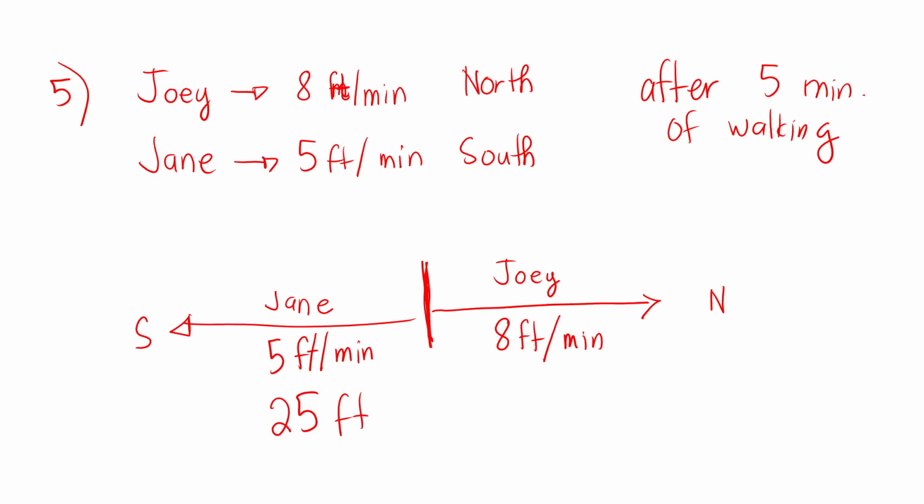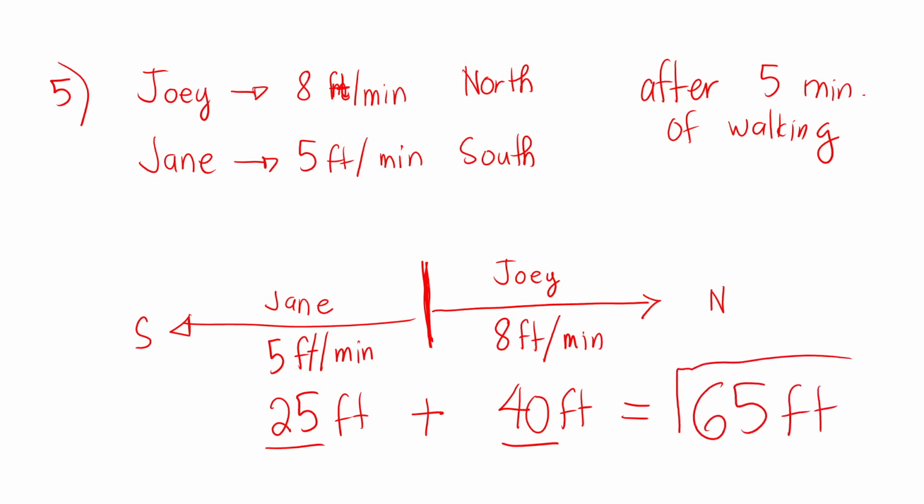I'll ask you, after 5 minutes, how many feet did Joey travel? 40. That 40 you mentioned was Joey's. Right? So what do I do with 40 and 25? You add. What is the answer? There you go. Meaning they are 65 feet away from each other.